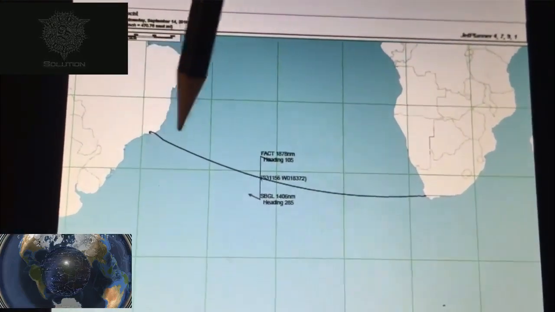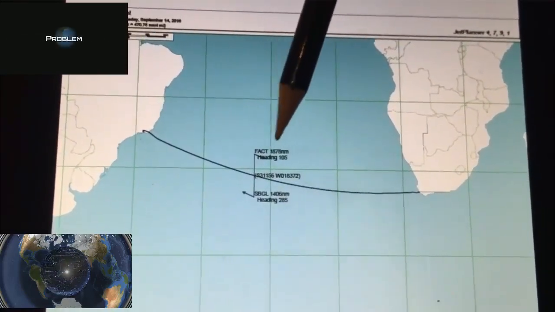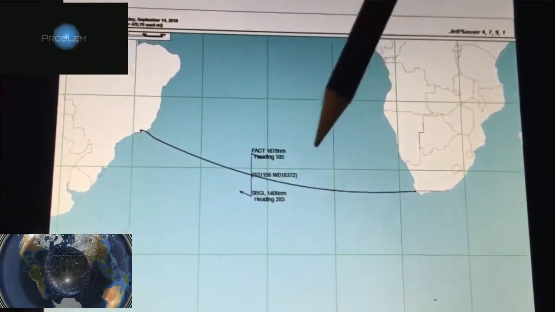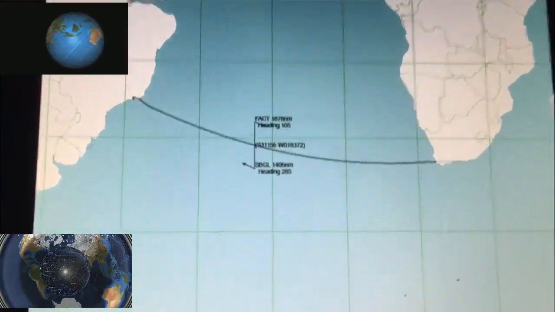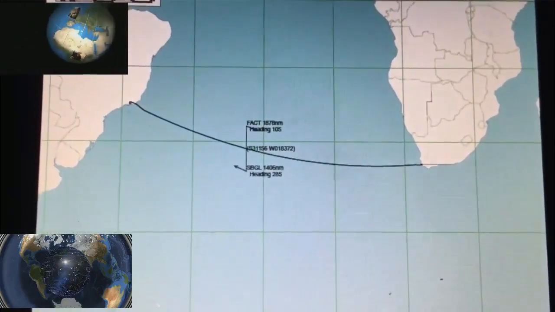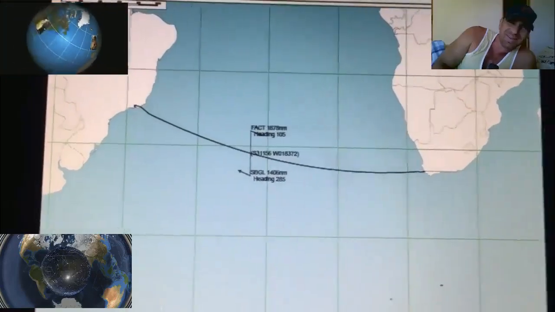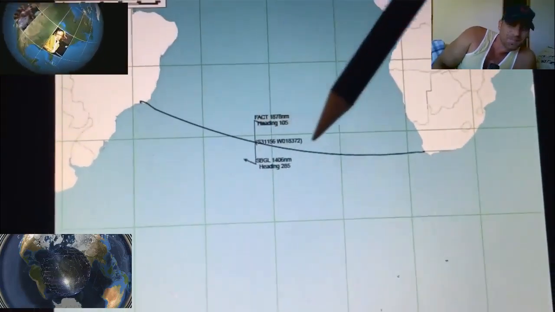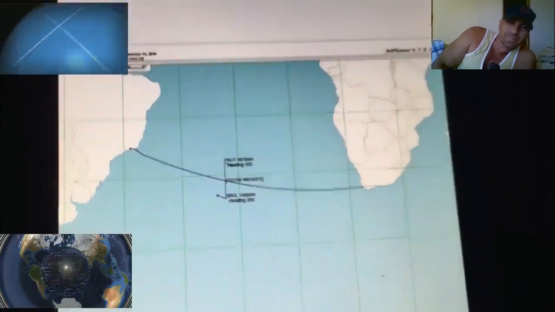So if we had a problem at this point, it would take an equal amount of time to continue to Cape Town as it would to turn around and go back to Rio. That's why it's offset. In a nil wind situation, that would be exactly halfway. But when you've got a really strong tailwind, obviously you're going to be going faster if you keep going east than if you turned around and went west.